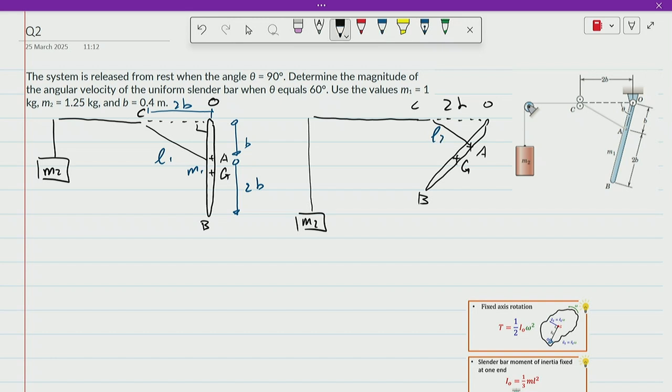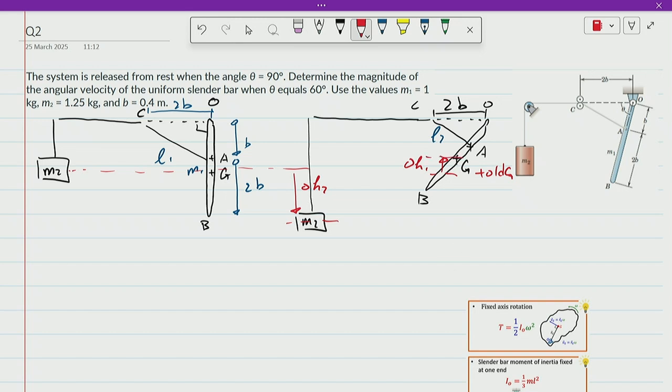The horizontal distance is still 2b. Now this gives us basically two change of altitude. For M2, that's going to give us a delta H2. And then for the rod, M1, we're going to have basically, let's call this the OG. That's going to give us a second, or delta H1.